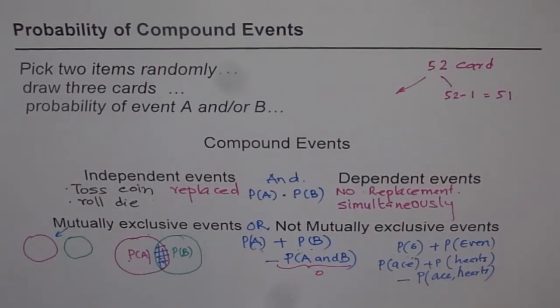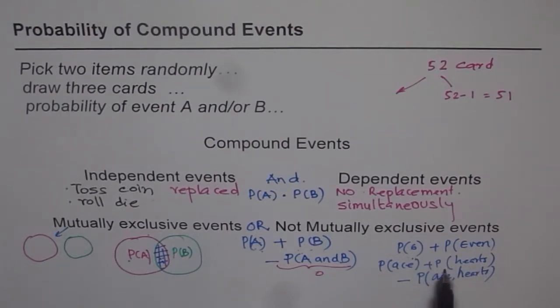Because that has been added twice. Do you get the point? So probability of getting ace plus probability of getting hearts minus probability of getting ace of hearts will give you the right answer for the event of drawing an ace or a card of hearts. I hope you get the point.